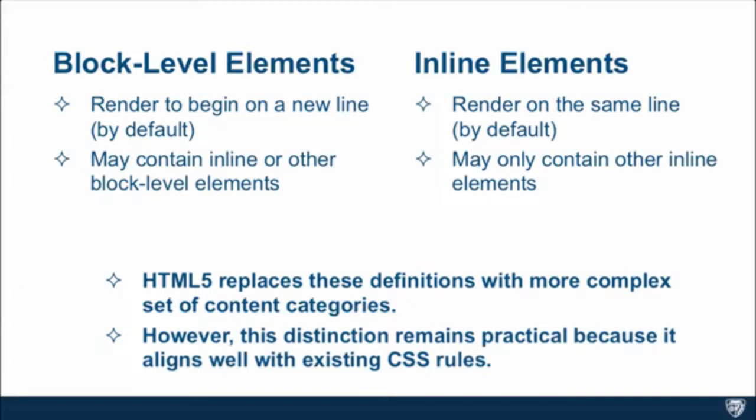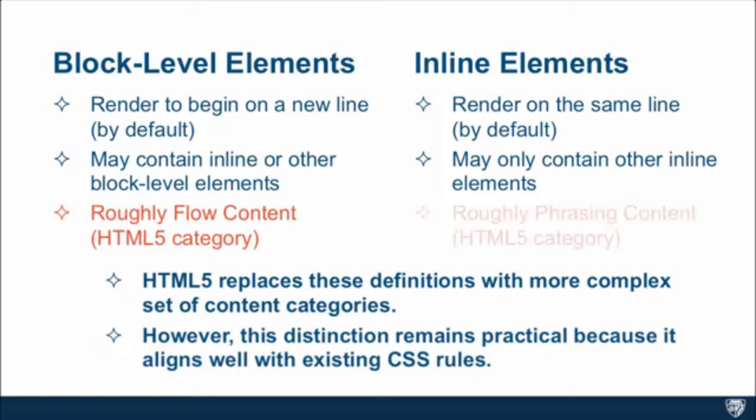So even though HTML5 came up with new content model names and new subcategories, and just a new way to break them down, at the end of the day, you could still look at all of these as far as your coding is concerned as block level elements and inline elements. And obviously it's a little bit of an oversimplification, but it works. And just to be kind of complete, block level elements roughly translate into the new HTML5 category of flow content, and inline elements roughly translate into the HTML5 category of phrasing content.